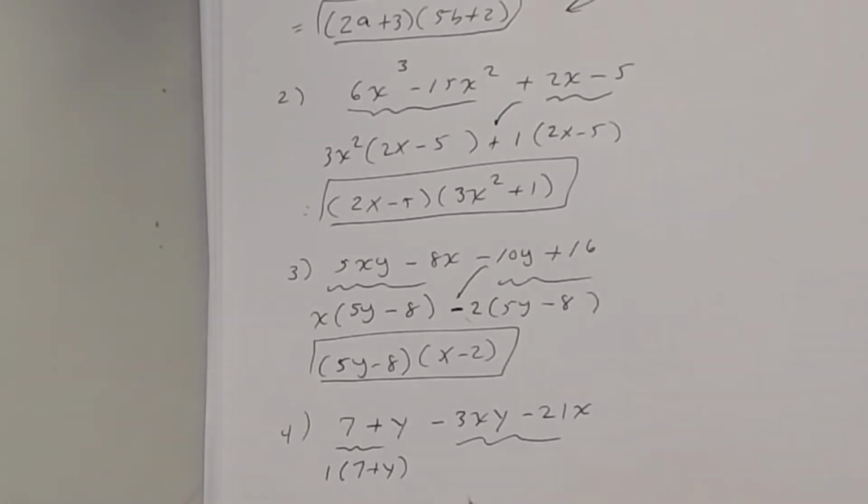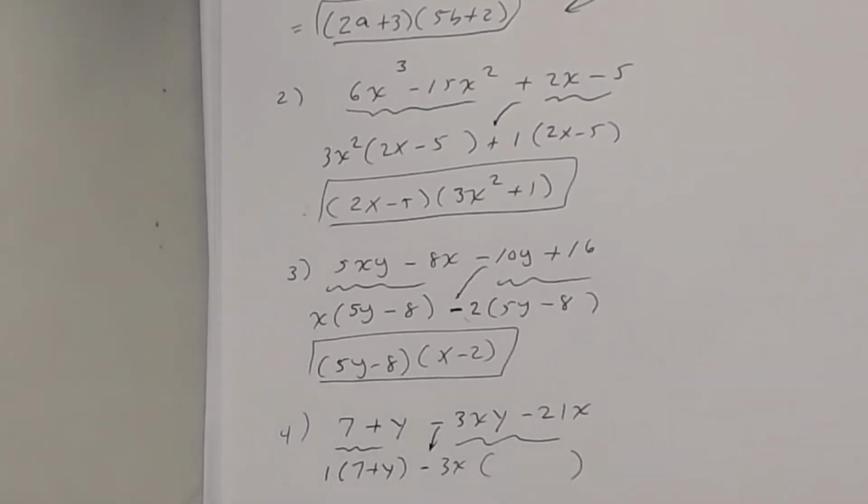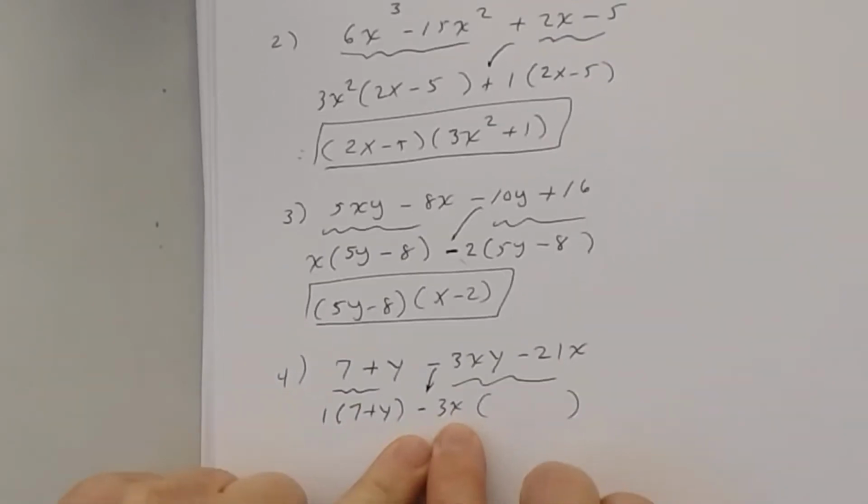Now, what's the middle sign? Subtraction. So you're going to factor out a negative factor, right? 3xy and 21x, what's the GCF? 3x. Do you all agree? So minus 3x times, and this is a negative distributive property. A negative 3x times what is a negative 3xy? y.